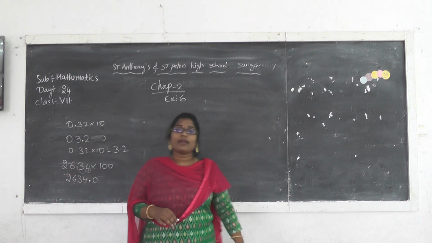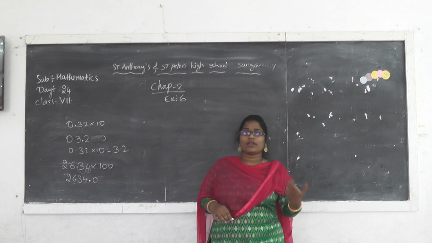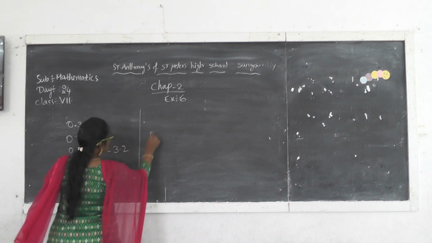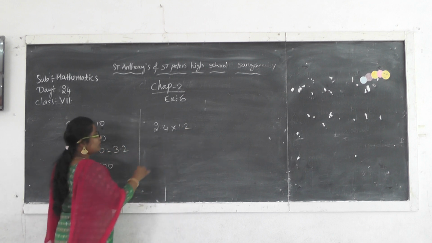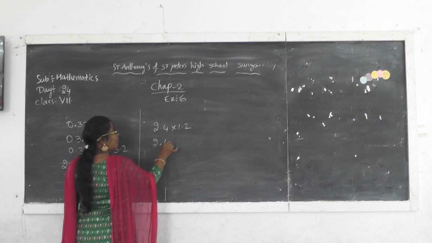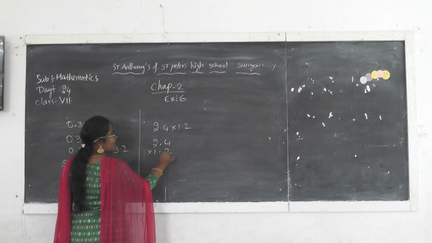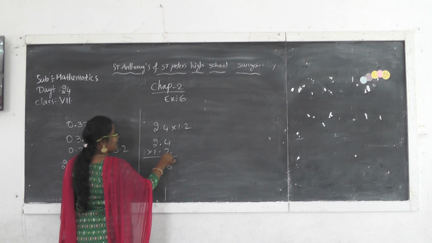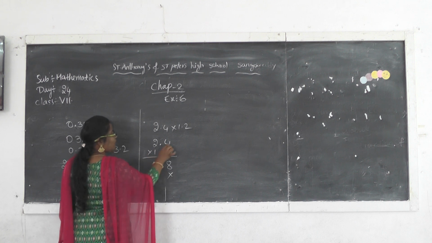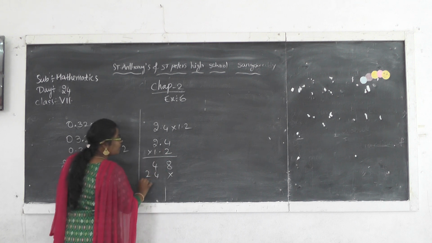Okay, so when we are multiplying a decimal number with a decimal number, what is the process? 2.4 into 1.2. How do we do it? We have to do normal multiplication. 2 4s are 8, 2 2s are 4, into 1 4s are 4, 1 2s are 2.